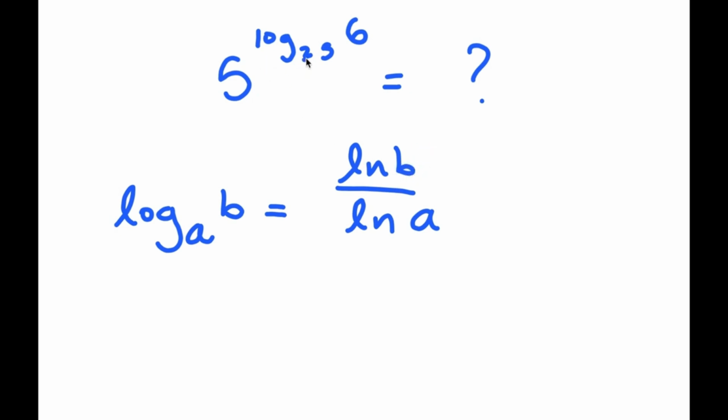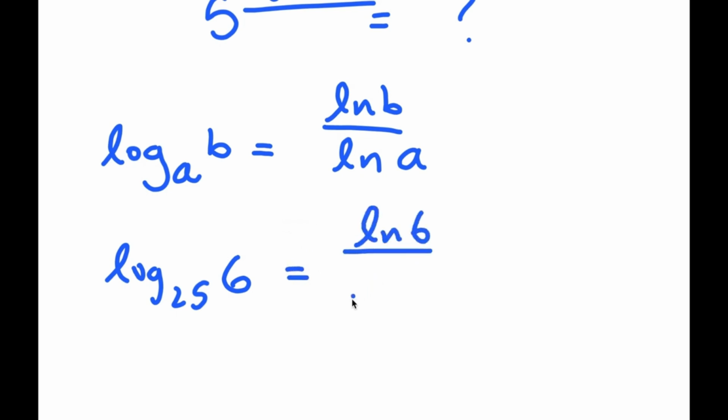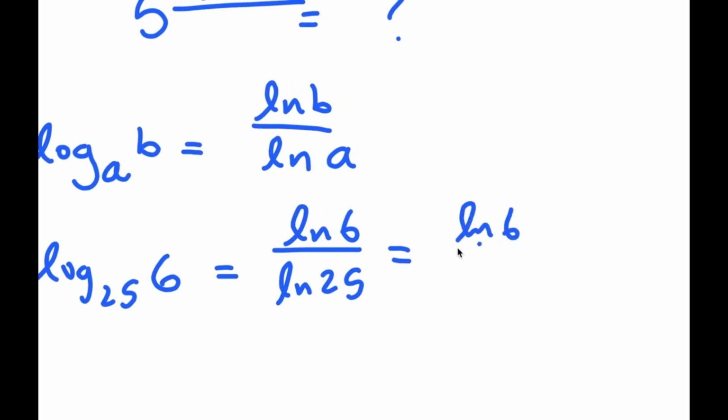So in this case, I have log base 25 of 6. And this is the same thing as ln of 6 over ln of 25, which is the same thing as ln of 6 over ln of 5 squared.